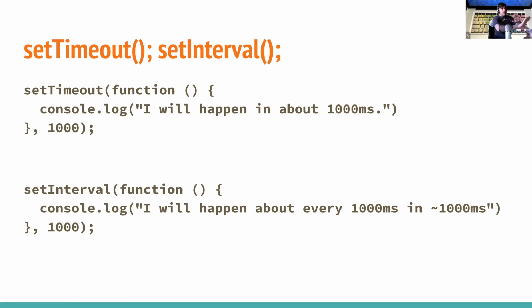When the tab your application is in is in the background, instead of a clamping of 4 milliseconds, which is what SetTimeout would normally have, so if you set a timeout of 0 milliseconds it will take at least 4 milliseconds, but that's if you're in the foreground.